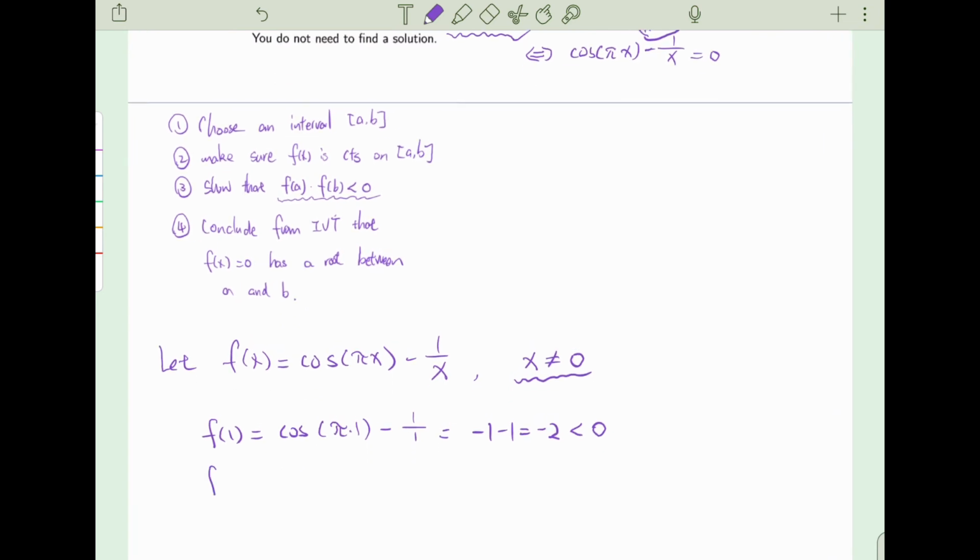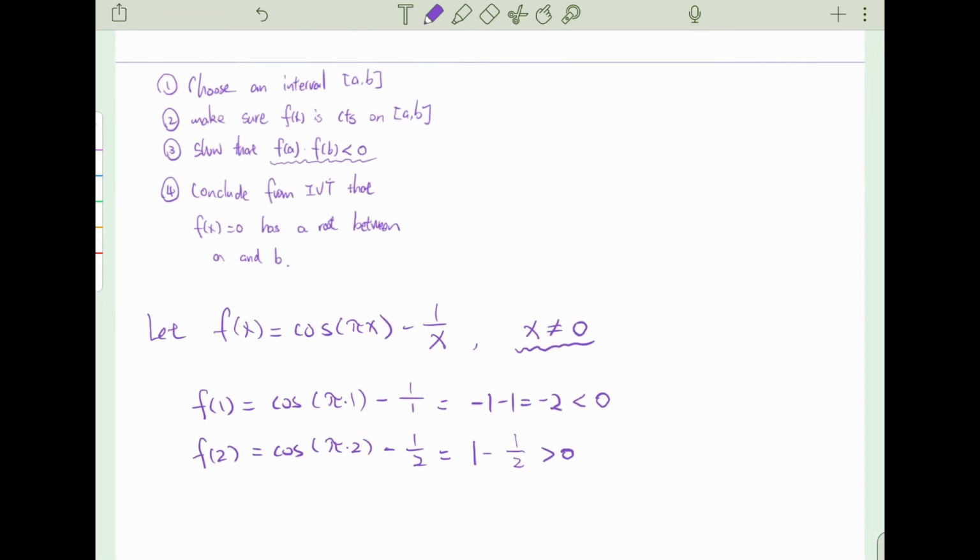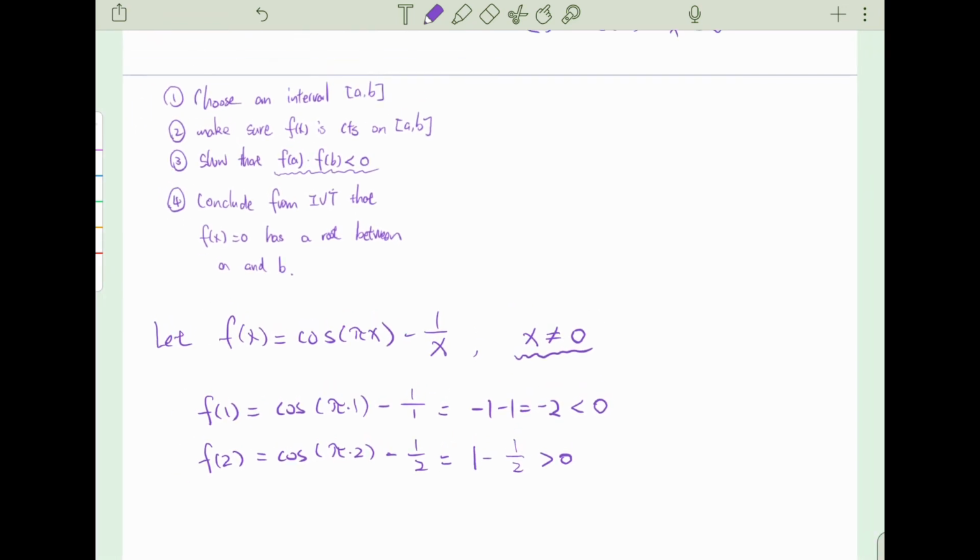So maybe choose 2, right? Choose 2: cos 2 pi minus 1 over 2. So cos 2 pi is 1, right? 1 minus 1 over 2. Wow, that is fantastic. It's a positive sign. So later on, I can choose the interval 1, 2.